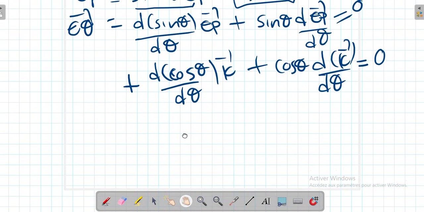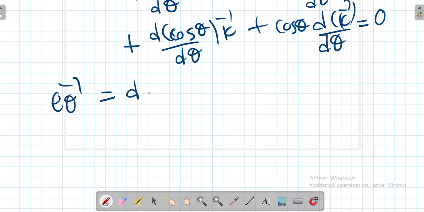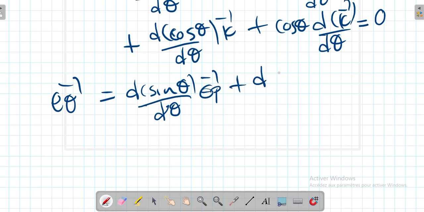So when you're finding the derivative of ER to find E theta, you're only going to have the derivative of sine theta with respect to theta, keeping E rho constant, plus the derivative of cos theta with respect to theta, keeping k constant.